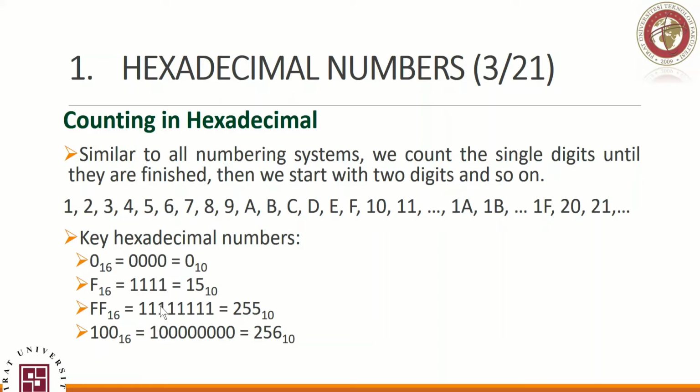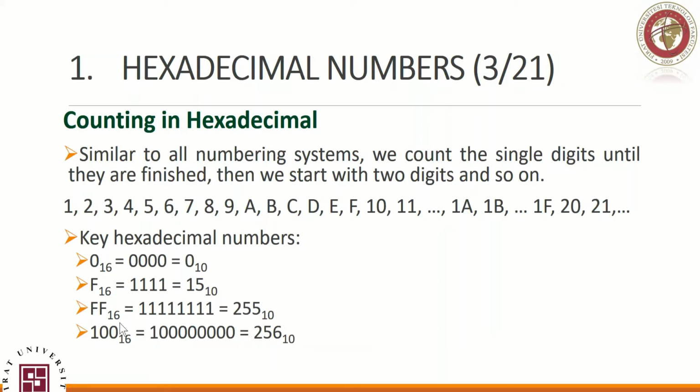So 1, 1, 1, 1, these are 4 ones for the first part, then 1, 1, 1, 1 for the second part. That's FF. FF base 16 is 255 in decimal. Maybe it makes sense to you now. 255, try to remember it.